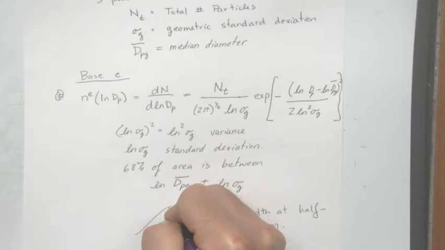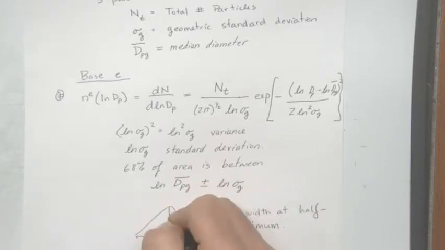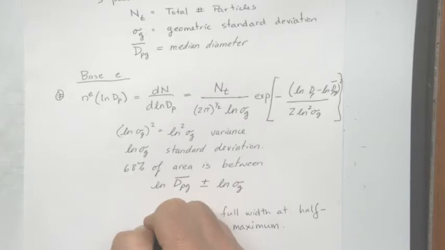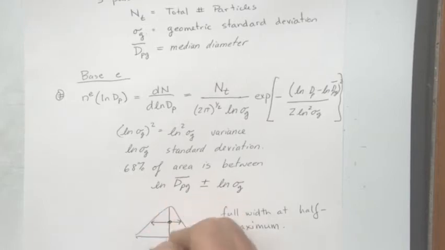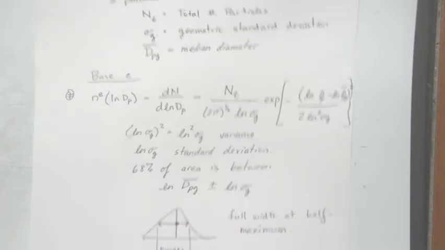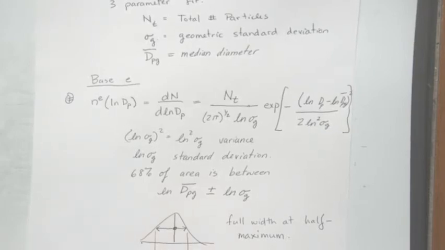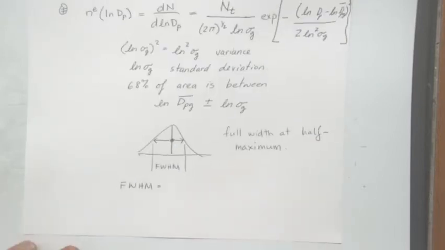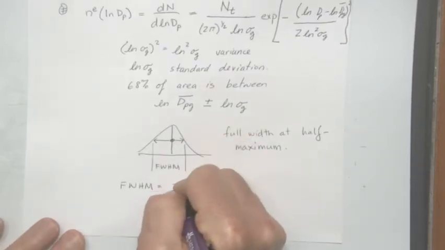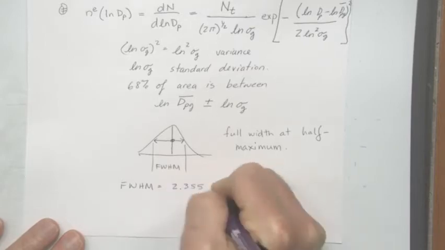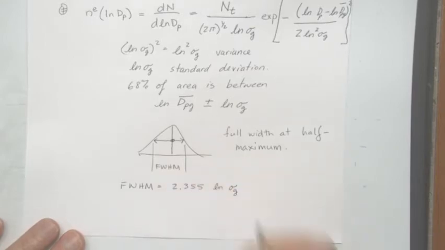Okay, so here's the maximum. There's half of the maximum, and this is the full width at half maximum. And the full width at half maximum, if this is log normally distributed, is equal to 2.355 ln sigma g.